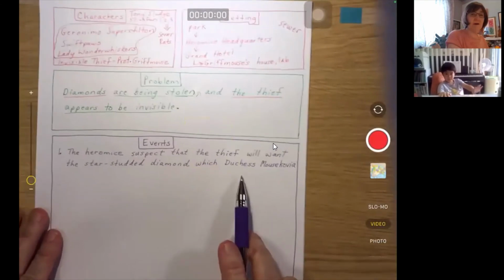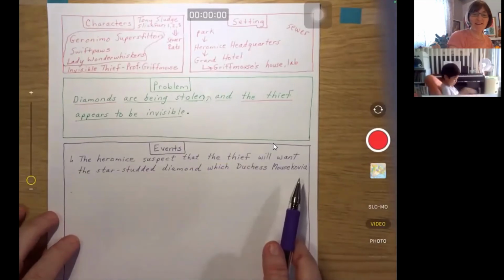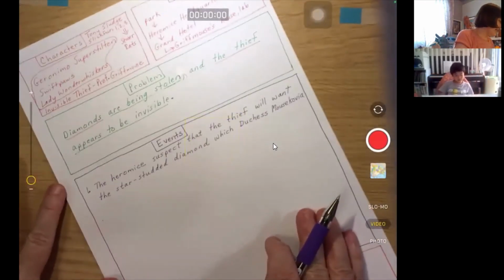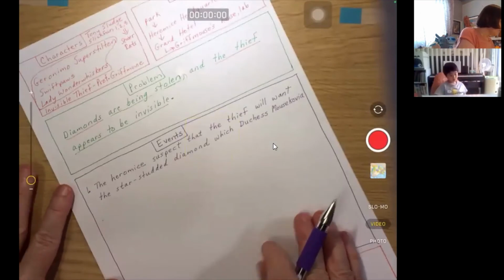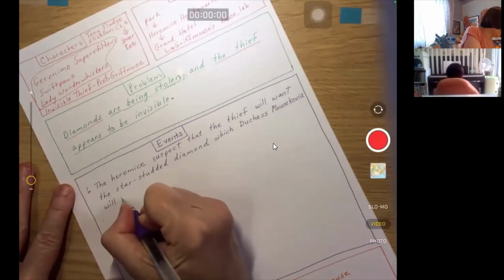Because it was Duchess Mousecovia. Do you remember her? Yes, at the Grand Hotel? And she was wearing it around her neck, right? Yes, they knew that she would wear it.